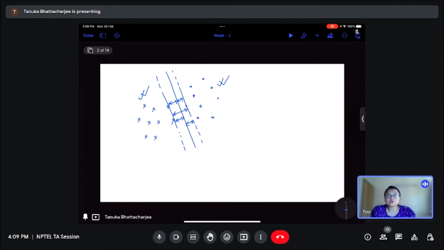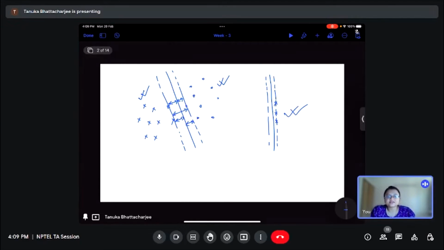Now it's very clear that having a larger margin will be helpful. For example, let's say you have a very small margin, let's say this is your decision boundary and only this much is your margin. Now when you go for classifying some unknown data point in a real world scenario, there can be measurement errors as well, and in the training data your closest data points were here from this side of the class.